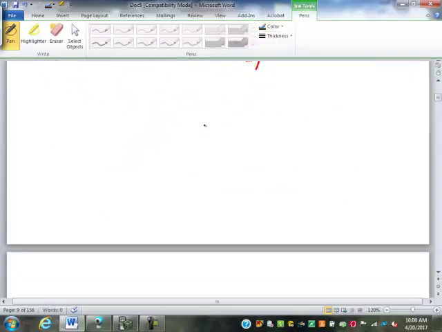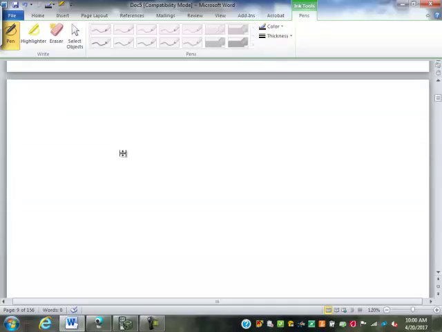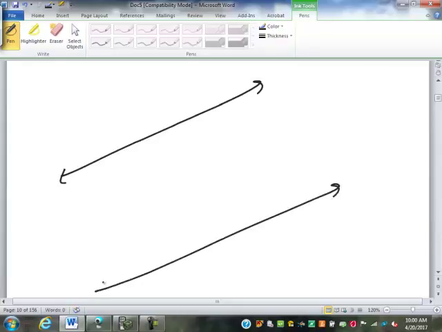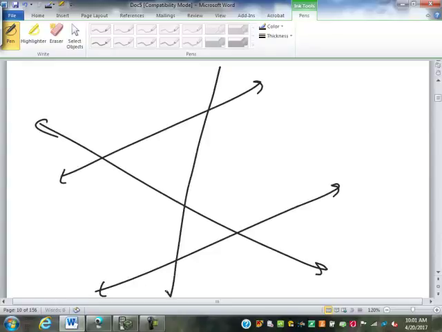So let's combine that with our parallel lines. Let's say this angle here is 51 degrees.